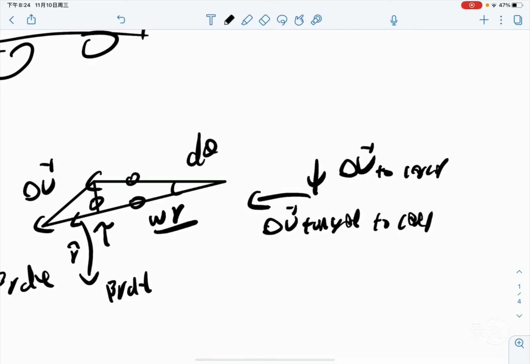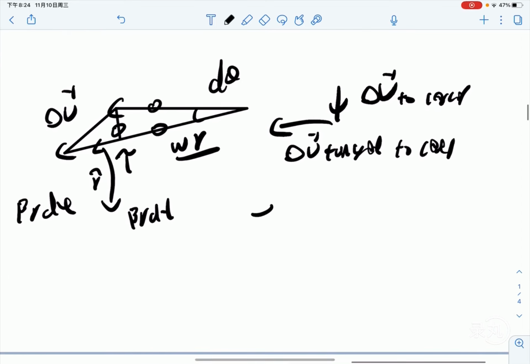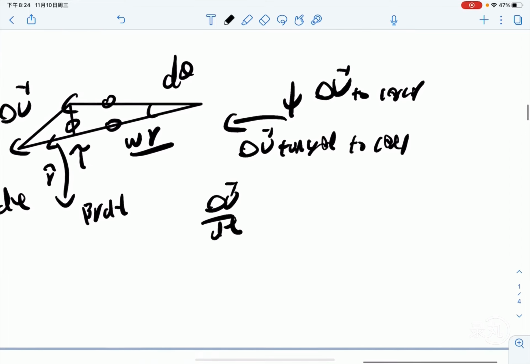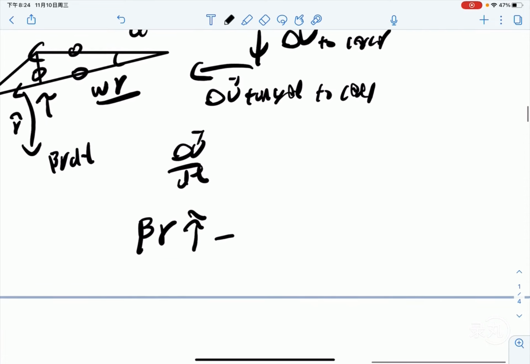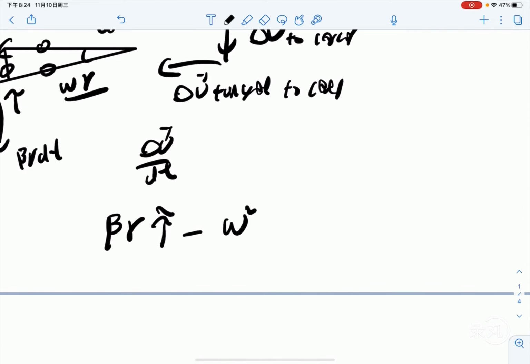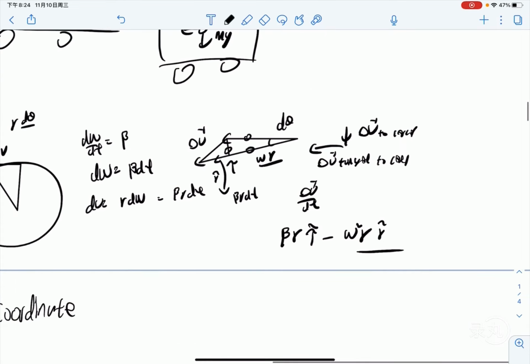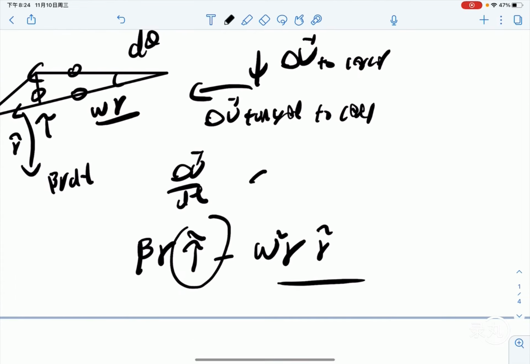And if we divide dv by dt, we can see this is just going to be beta r tangent minus w squared r, and this represents a normal vector which has magnitude of 1, and the direction is pointing to the tangent.